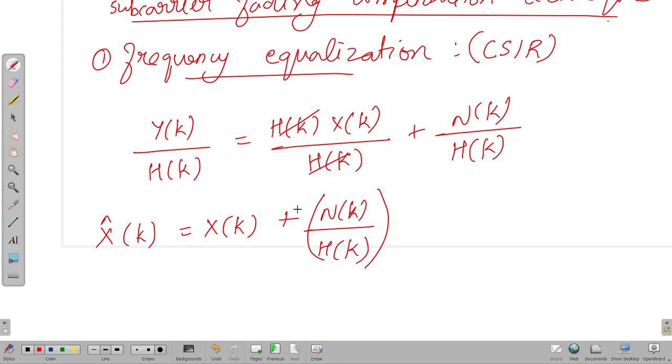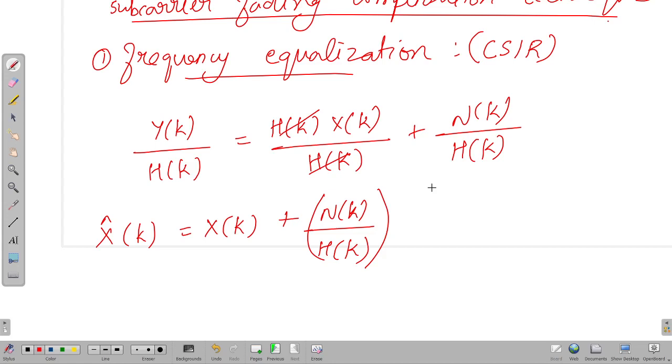What is the nature of that term? Mostly h of k will have a value of less than 1 because h of k is the frequency coefficient of the channel.